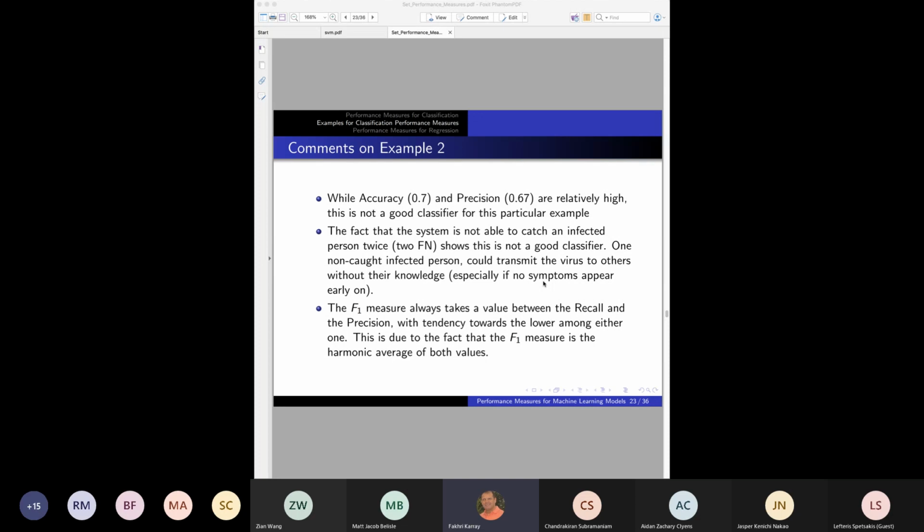This is in general, okay? And we saw that the F1 measure integrates both recall and precision, and it is close to the lower value, whether it's the precision or the recall for a particular class.